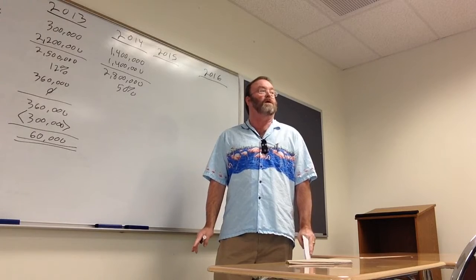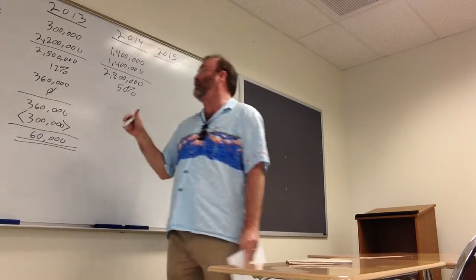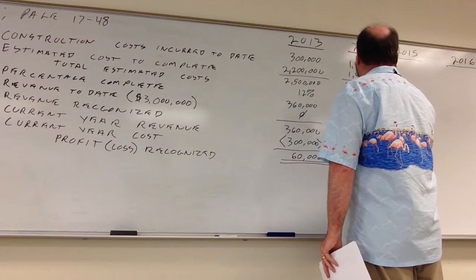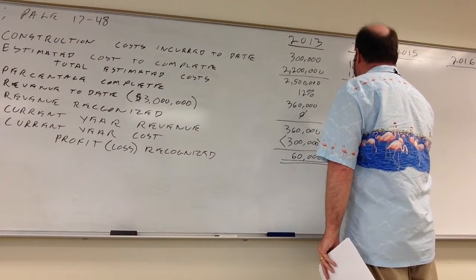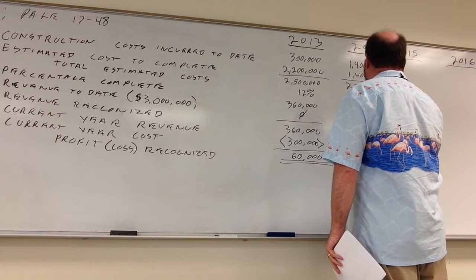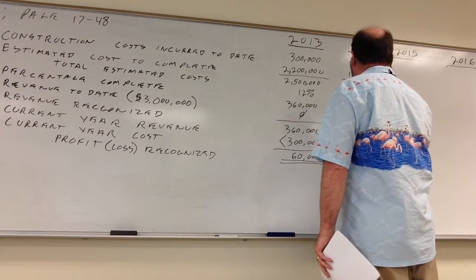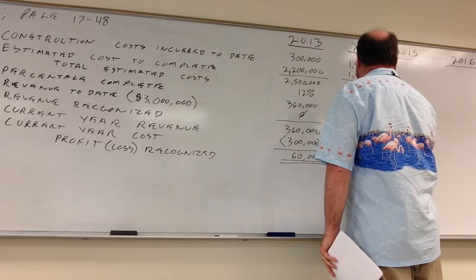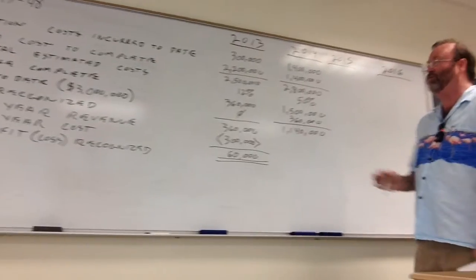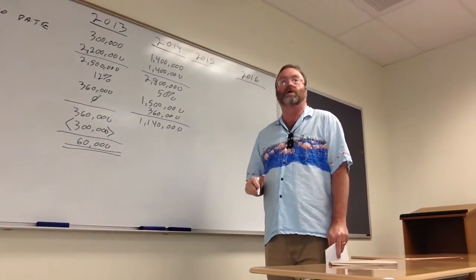Everybody good so far? So 50% of the contract price is $1,500,000. We've already taken $360,000. That leaves us $1,140,000 for our current year revenue.